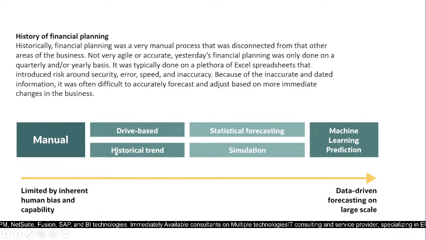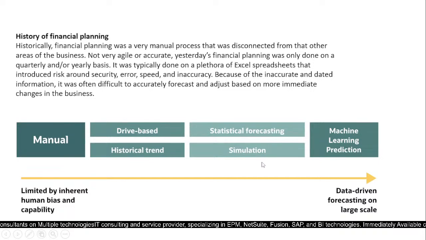You can see this in this diagram also: statistical forecasting and simulation are possible. That is why we are using this application, so that we can get more accurate results without any errors, and it can be simple to use.